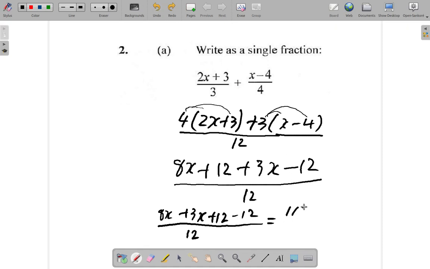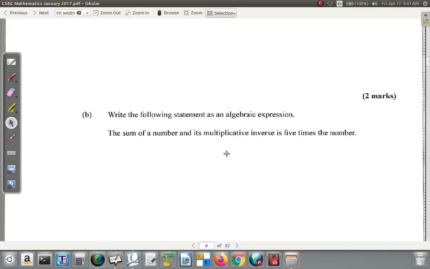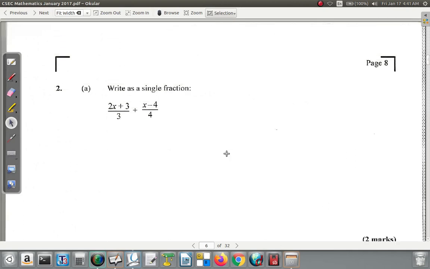Don't have to worry about it. That's 0 over 12. So the answer is 11x divided by 12. Alright? So that was 2a.